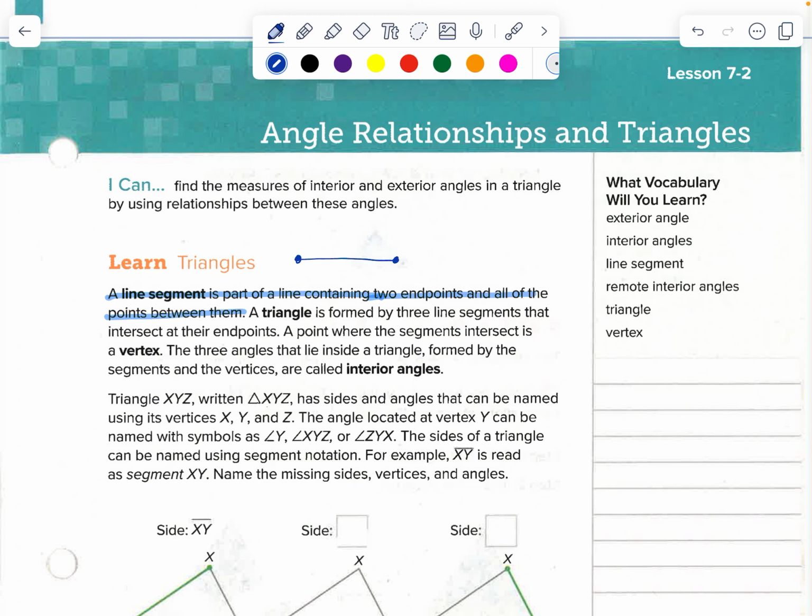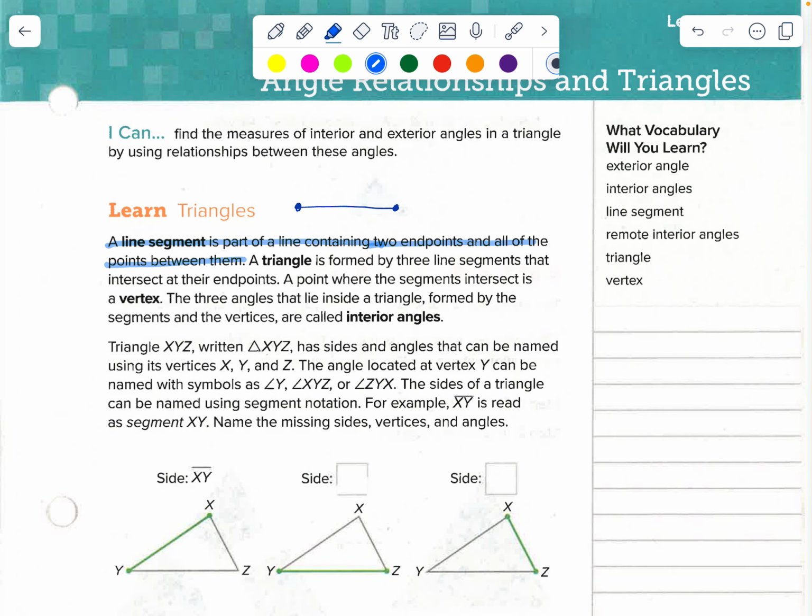Okay, a triangle is formed by three line segments that intersect at their endpoints. So a triangle. Then the points where they intersect: a point where the segments intersect is a vertex.